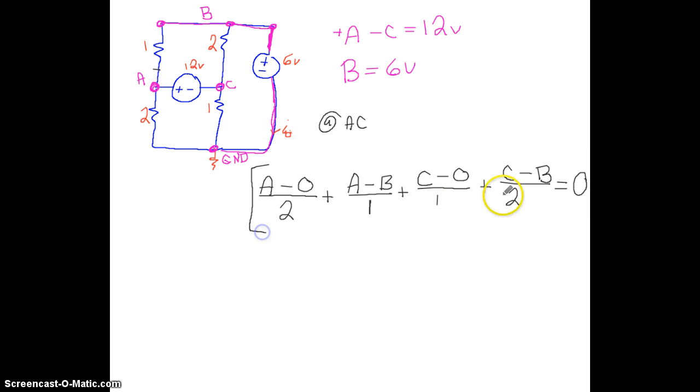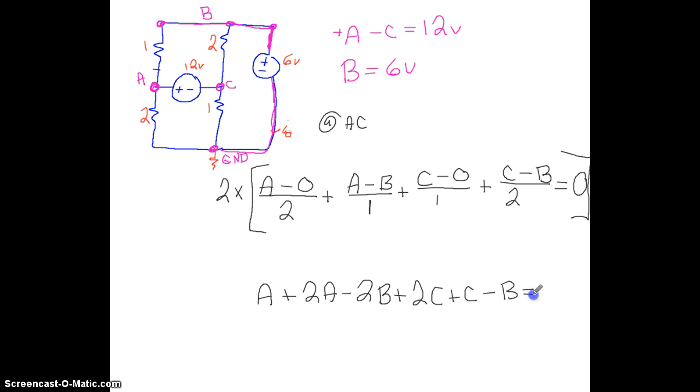So get everything and multiply it by 2. Now we're going to have A plus 2A minus 2B plus 2C plus C minus B is equal to 0.